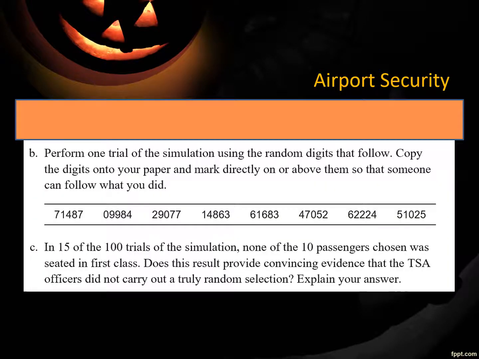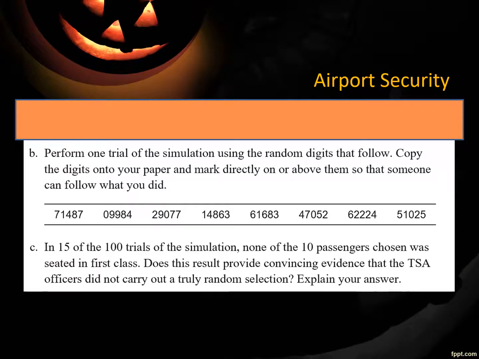I know this is complicated, so I want to give you some time to actually practice it with this example. So I'm going to have you and the woman next to you perform one trial of the simulation using the random digits table that you see before you. So you're going to copy the digits onto your paper and mark directly on or above them so that someone can kind of follow what you did.